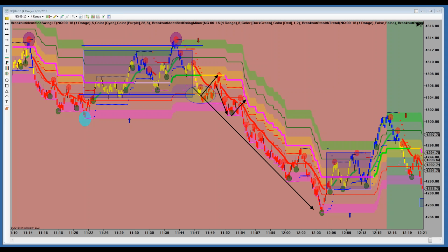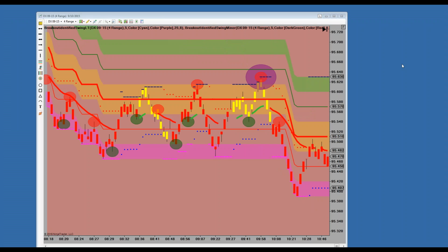Ready? All right, here's the first one. This is the dollar index. Okay, we're looking at the middle of the chart right here. Is this trending or not trending?